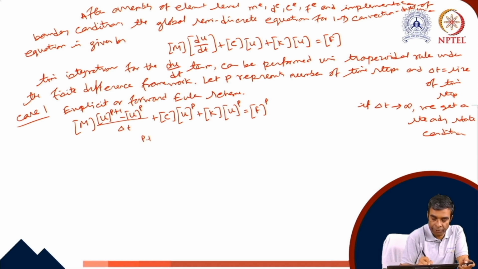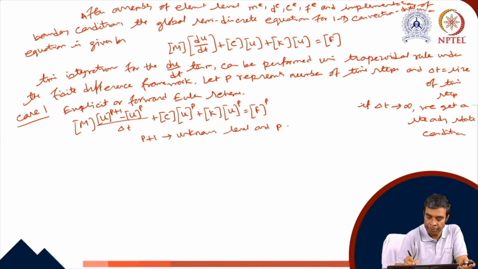Here we treat p plus 1 as the unknown level and p as the known solutions at the pth level.